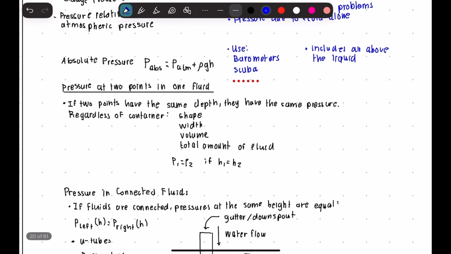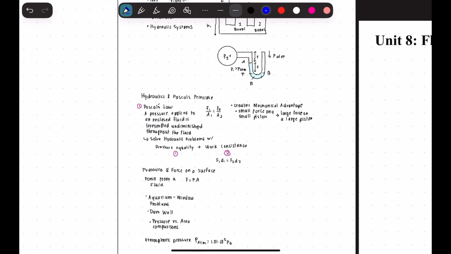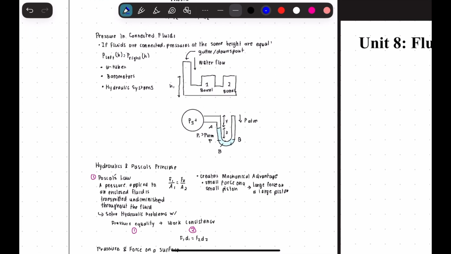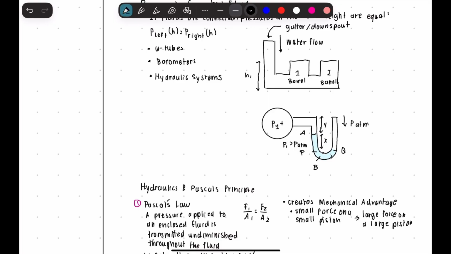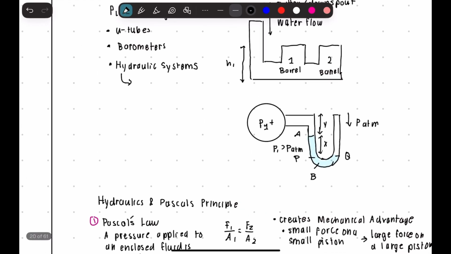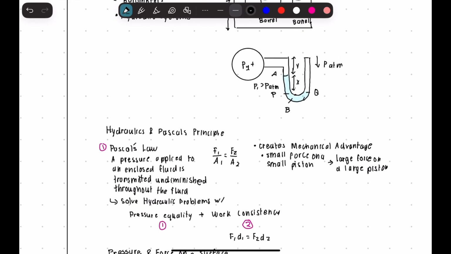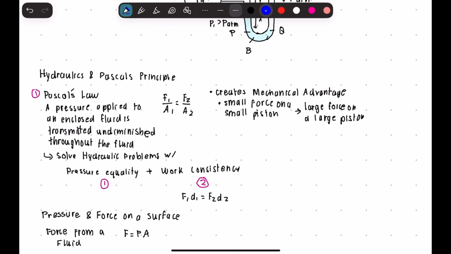And for hydraulic systems, it is again this Pascal's law.